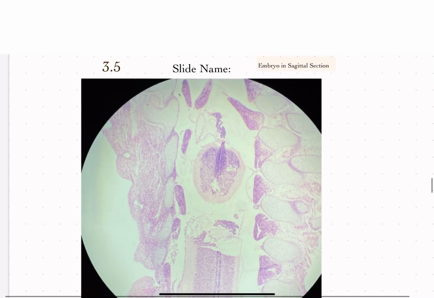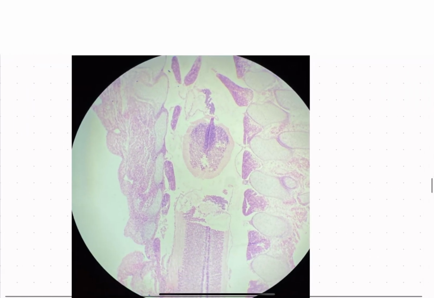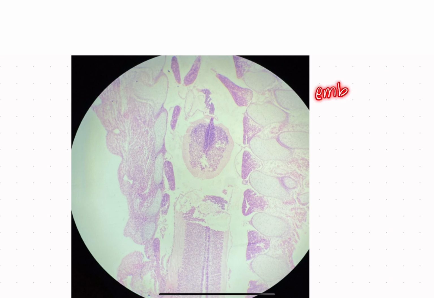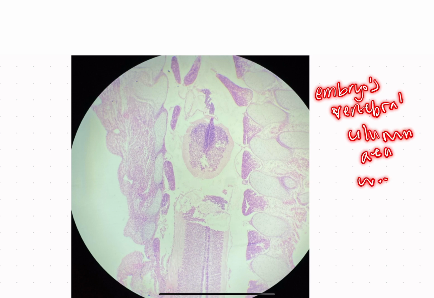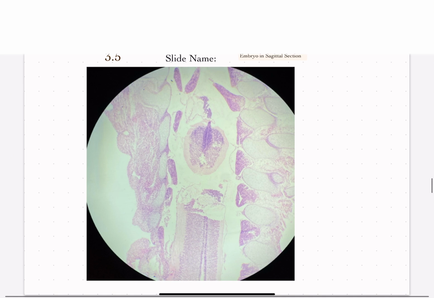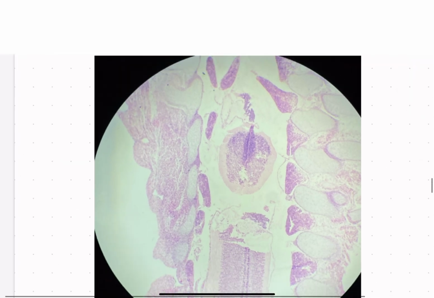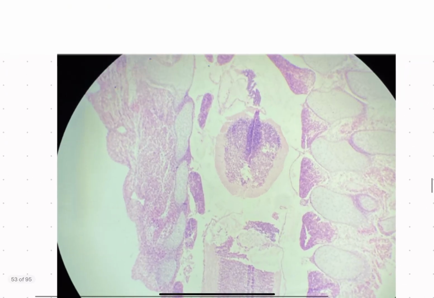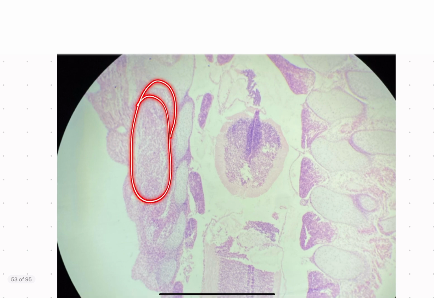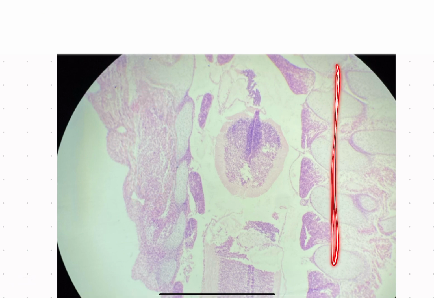But since we could only see this image for your test, I think it would be enough to just write in embryo, vertebral column area with spinal cord, just to try to gain all the points I could. But here what's important is noticing those striated skeletal muscle fibers as well as the vertebral column, because like I said, they could still ask you about those basic structures.